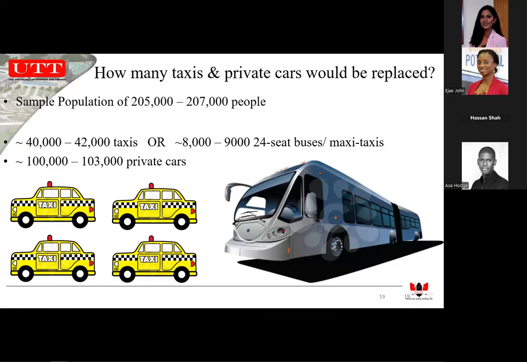So we can see the significant increase in the number of vehicles that we would require. Or simply, instead, we can acquire around 8 to 9,000 24-seater maxi taxis, thereby again reducing the number of vehicles on our streets.